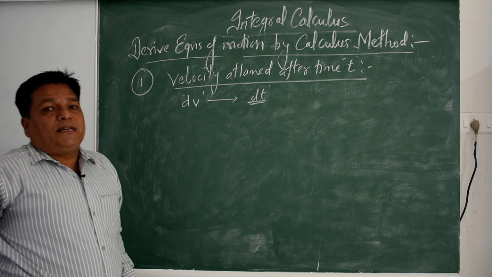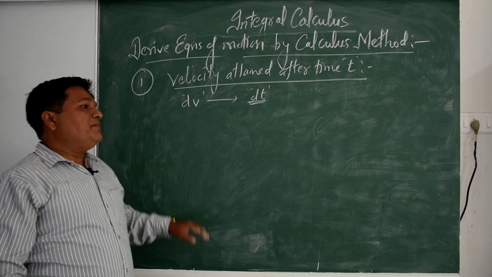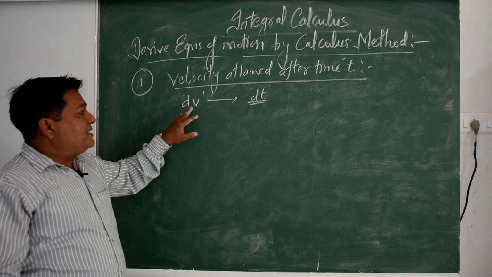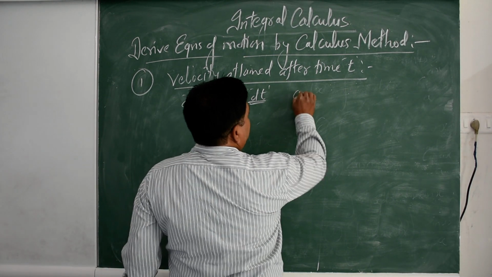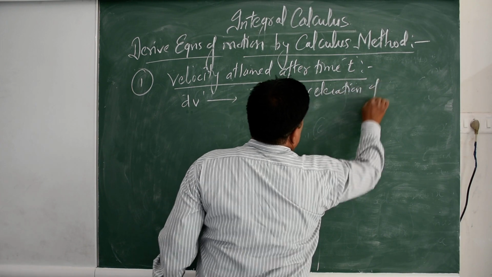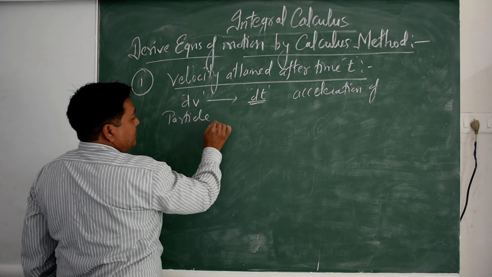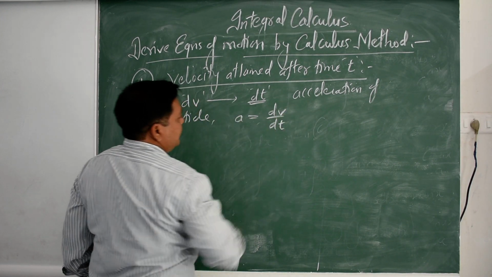Then what will be the acceleration of this particular particle? If the particle is moving in a straight line, there may be a small change in the velocity dv with respect to time dt. The acceleration of the particle will be a is equal to dv by dt.